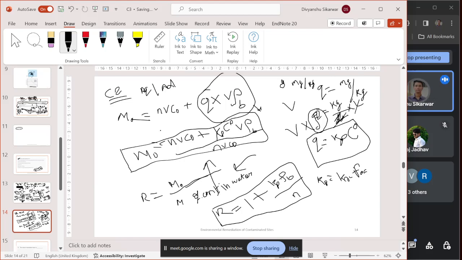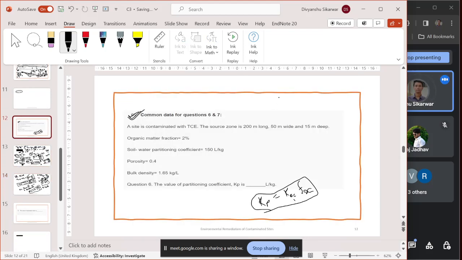Now we understand the concept, so you try to do this numerical. We have all the information to solve this numerical. TC is the contaminant name. This is the length, breadth, and depth of the zone. So how will we use this information to calculate volume? Organic matter fraction is given. This is FOC.